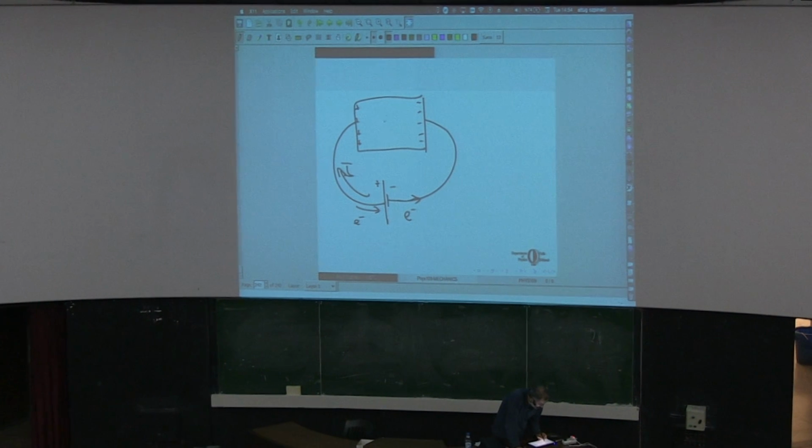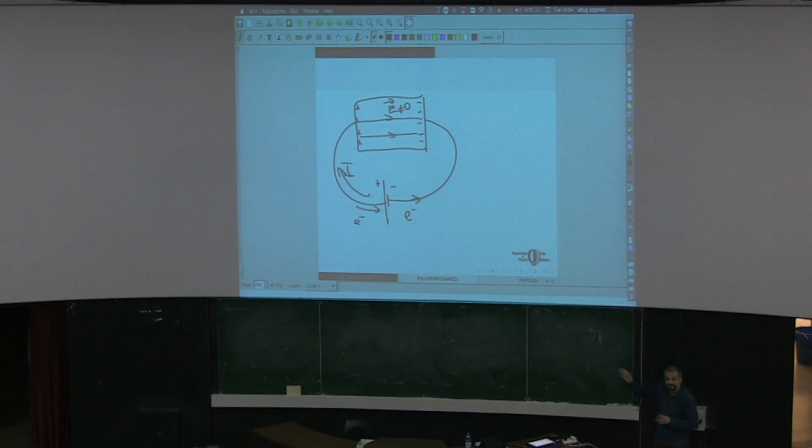Now, there is an electric field created inside. This electric field is not 0 anymore. Before we said that inside the conductor we cannot have an electric field. Now in this case we have an electric field inside the conductor. In fact, we have to have one.